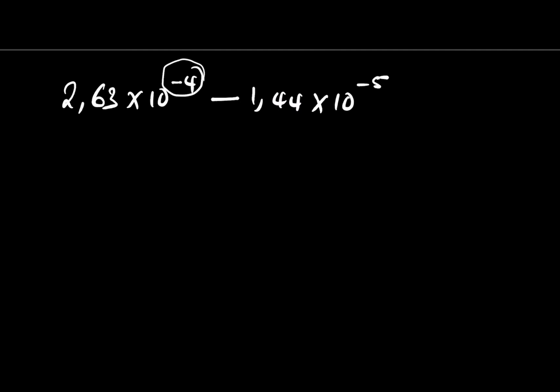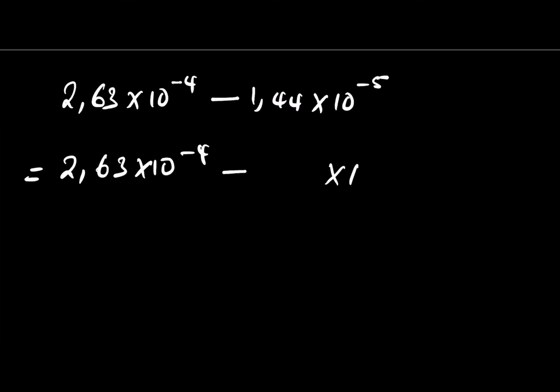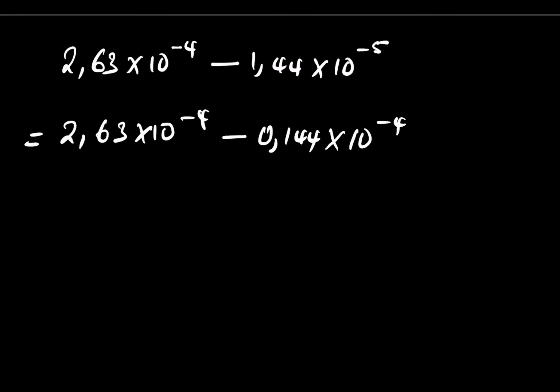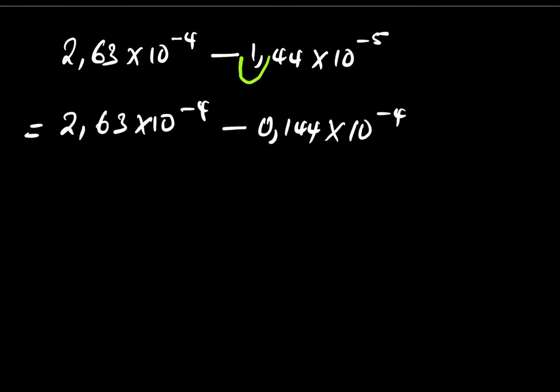So now I'm going to say, well, that is 2,63 multiplied by 10 to the power negative 4 minus this power. I'm going to add 1 there. This becomes negative 4. But now if I add, I must move to the left. So this is 0,144, if I move to the left by 1 unit, okay? So this is 1 unit, it becomes 0,144.